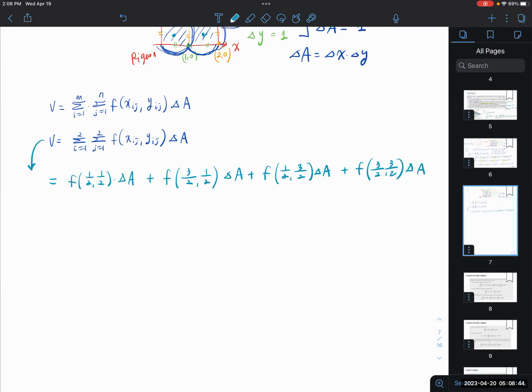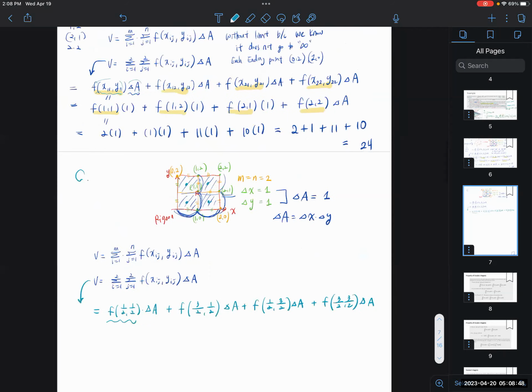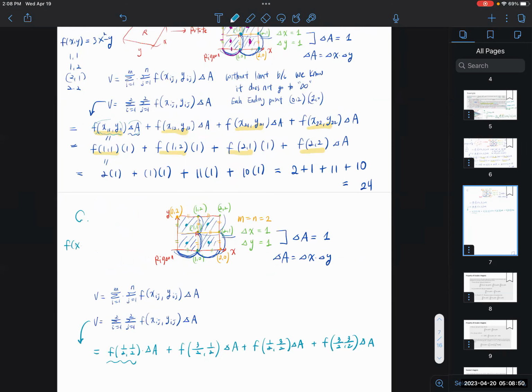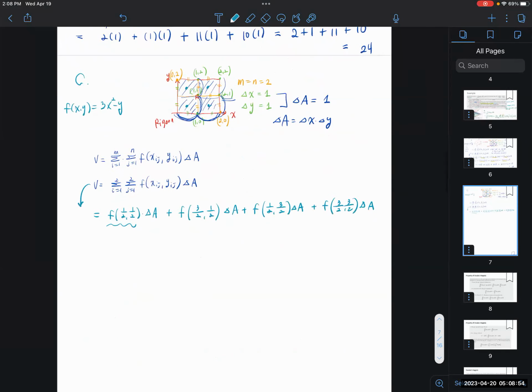So now same thing. You're gonna calculate it, plugging into your function, f(x,y) equals 3x squared minus y. So you're gonna plug in 1/2, 1/2. Actually, I already calculated that for you. And we already know triangle A is 1. So that is going to be 2/4, right? You can calculate it.